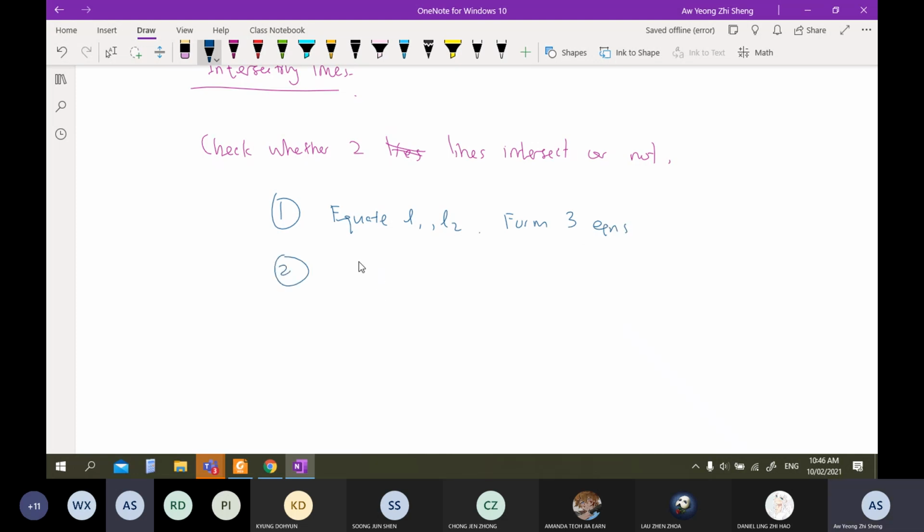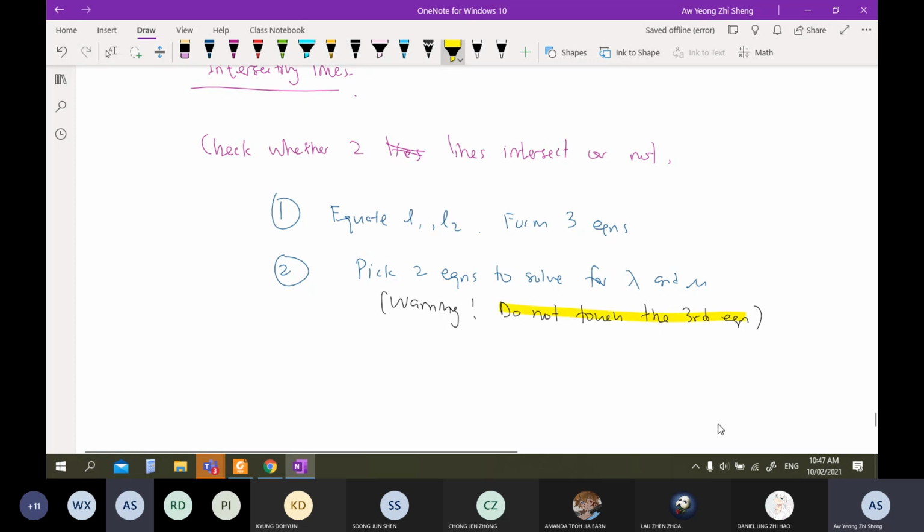Second step, pick two equations to solve for lambda and mu. And warning, in this step, do not touch the third equation that you didn't choose, because the third equation is reserved for checking.